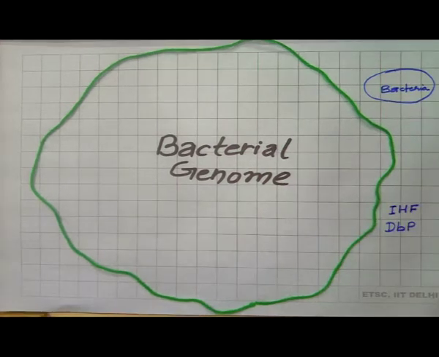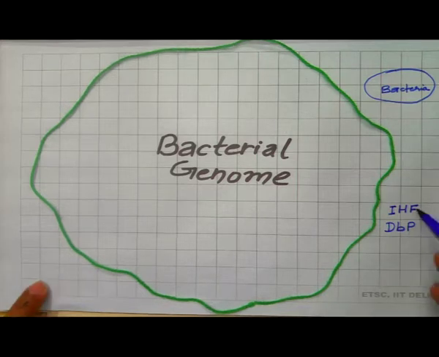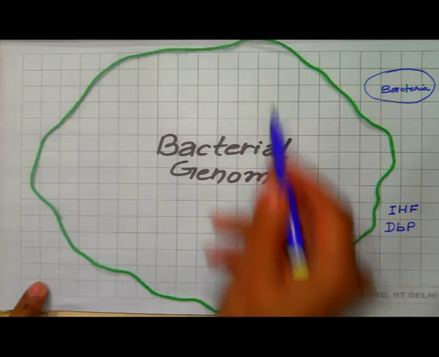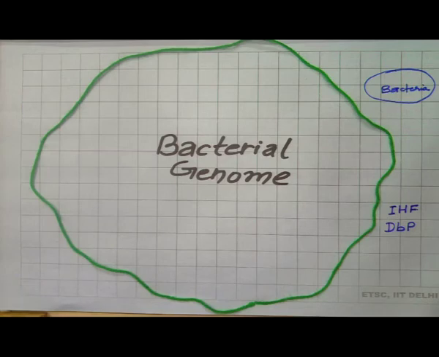These two proteins help the bacterial genome to be incorporated in a bacterial cell which is very small in volume. With the help of these two proteins, the bacterial genome will form loops. Let us see how they form the loops.